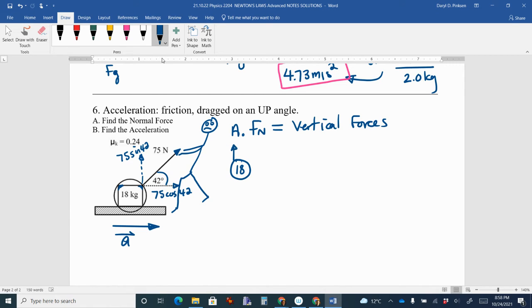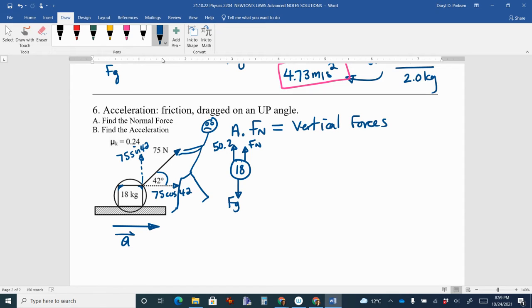So here's our vertical free body diagram. Going up, we've got the 75 sine 42. I'm going to calculate that. It's 50.2. So 50.2, and then obviously the normal force is also going up. And going down, we have the force of gravity.